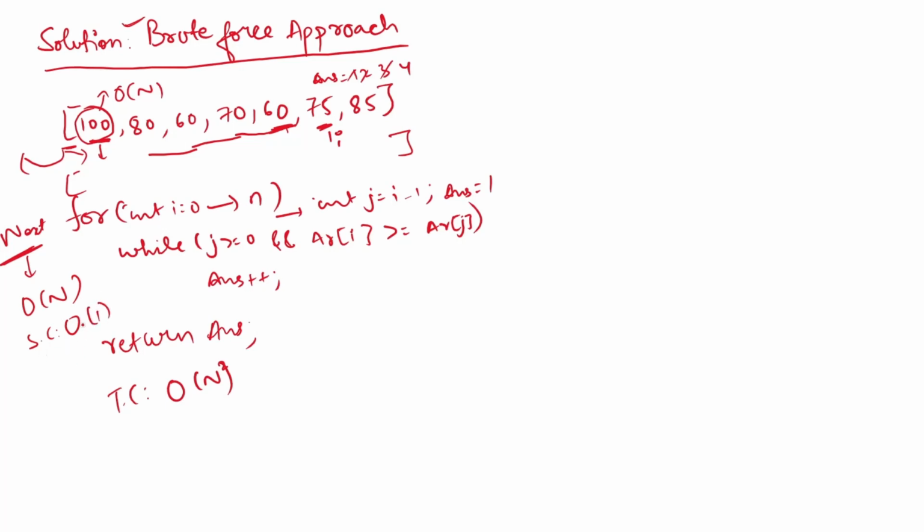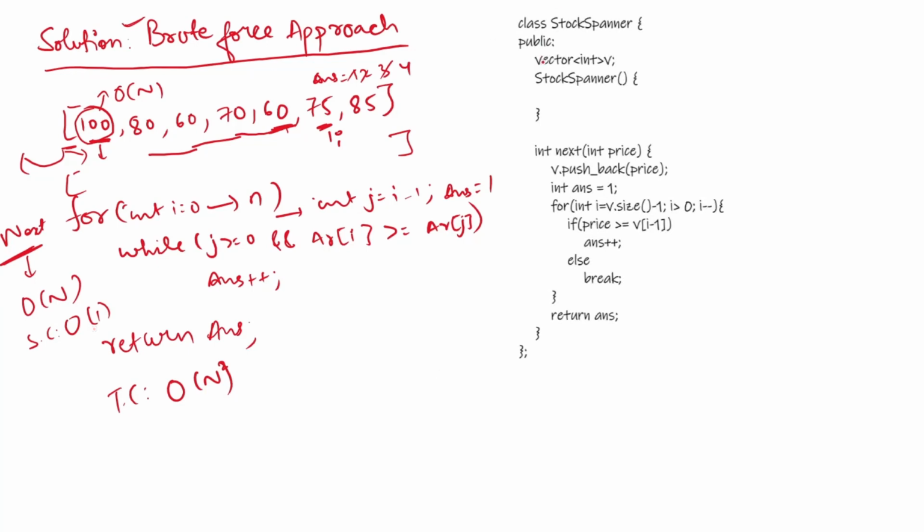Now let's see the code. We are storing all the prices in a vector: 100, 80, 60, 70 and so on in our vector v. Once we call next 100, first of all we push this 100 into our vector, and then we start from the last.